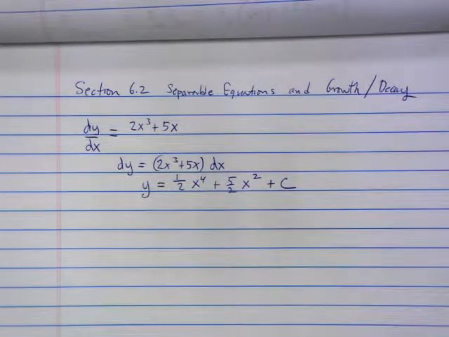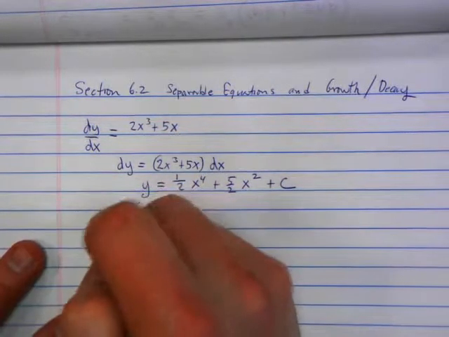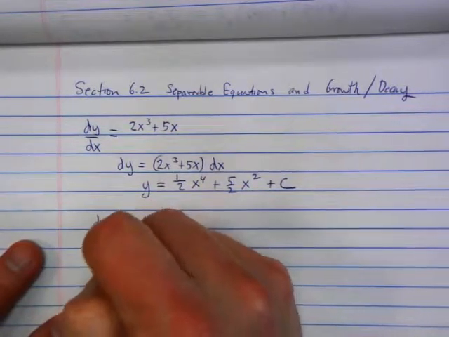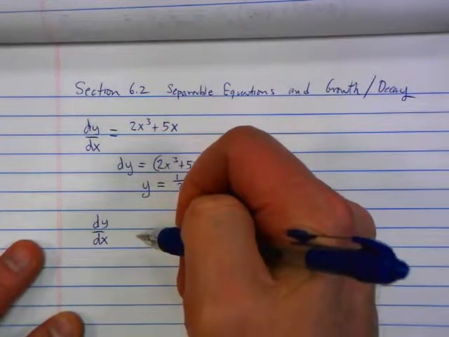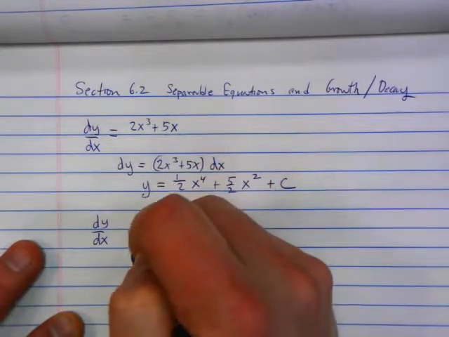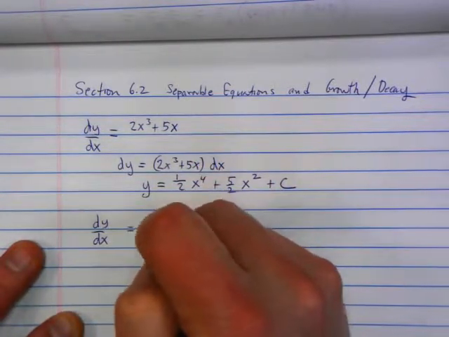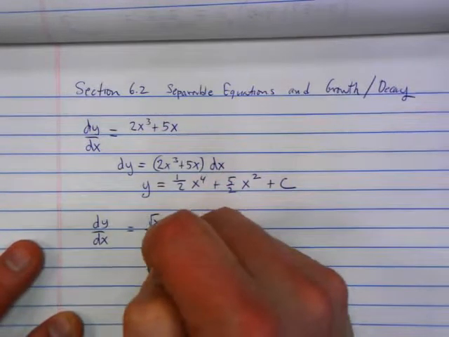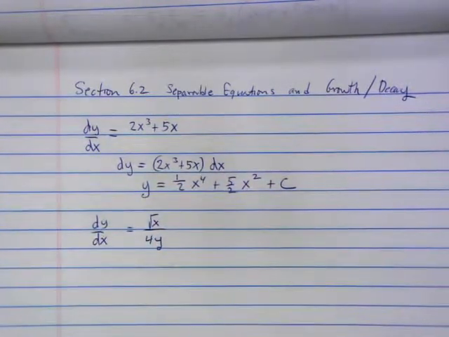Today we're going to talk about separable equations that are just a little bit more complicated, but the idea is the same. What if you had dy dx equals square root of x over 4y? I could take the natural log of both sides, but I'm not sure that I want to.